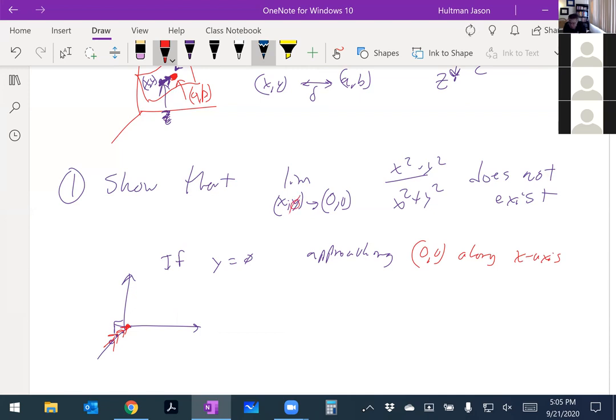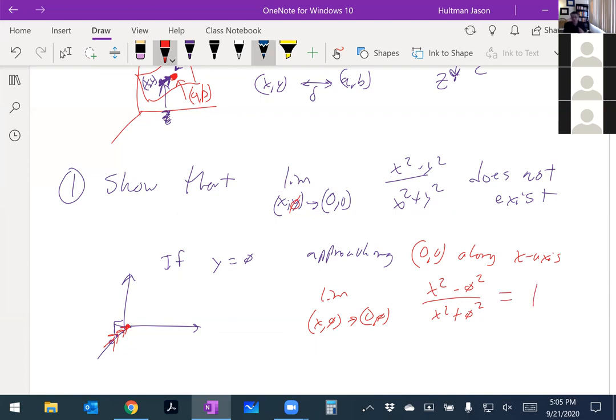If you let y equal 0, fix y there to be 0, then what happens? Well, then we get the limit as x, 0 goes to 0, 0 of x squared minus 0 squared over x squared plus 0 squared. What is this going to be? Well, this is just going to be x squared over x squared, which is 1. Does that make sense?